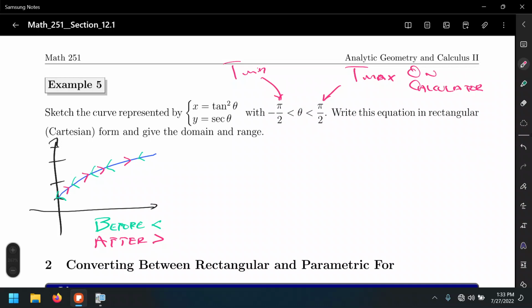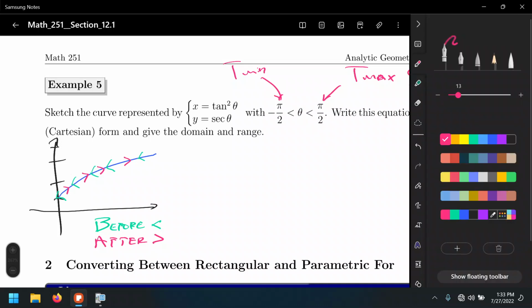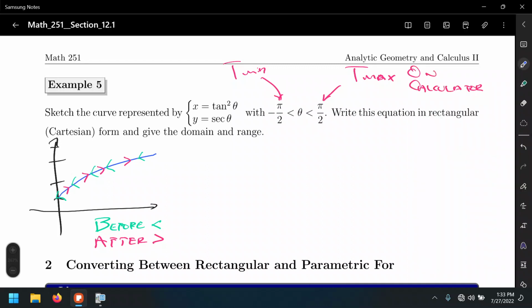Does anybody remember which trig identity is that one? One over cosine? One over cosine is just secant. So it's a trigonometric identity that includes both tangent squared and secant.